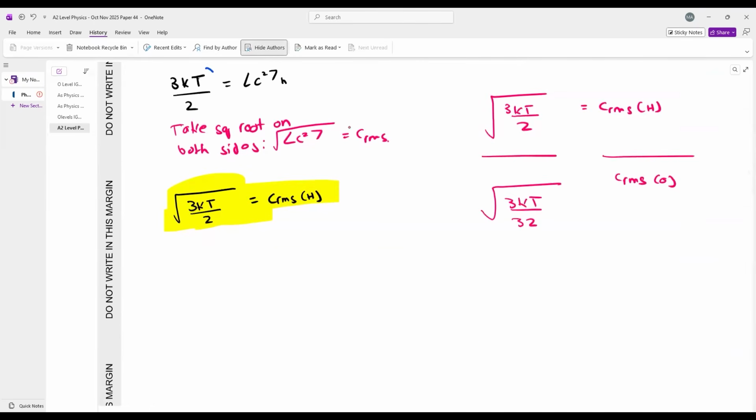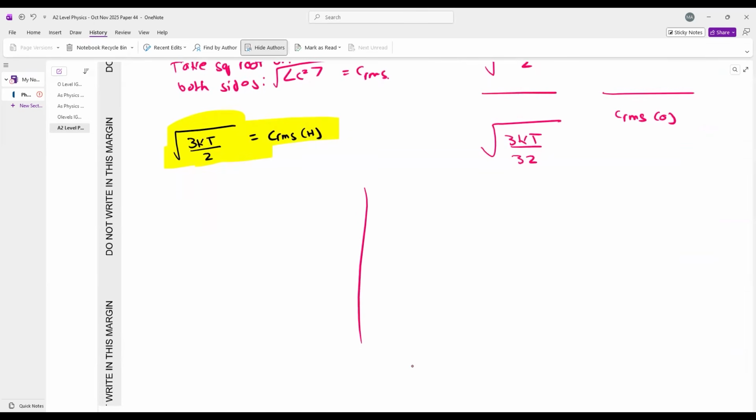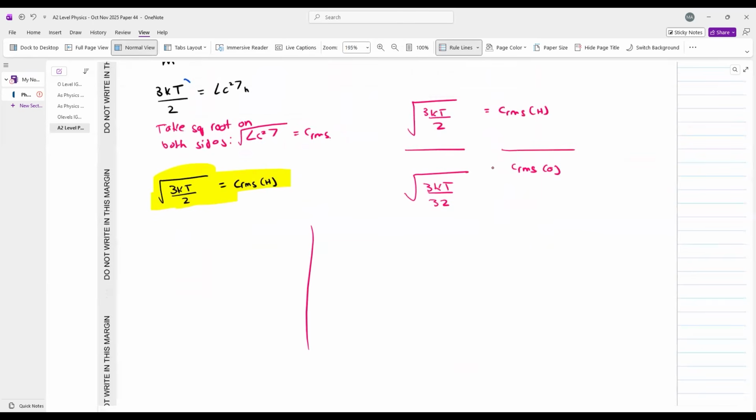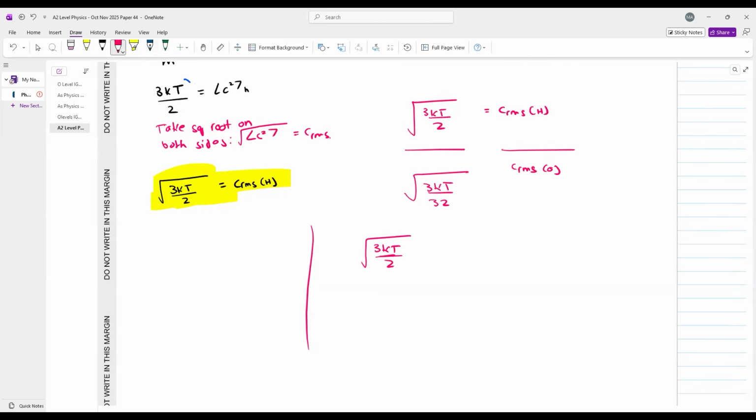Now, if you humbly realize, things are about to get easy for you. Listen carefully. What you can do right now is say 3kT divided by 2. This sign can be replaced by division.